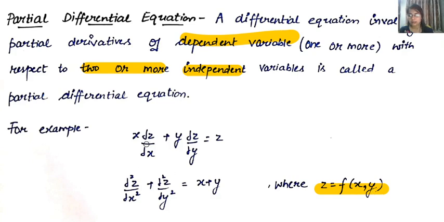Now this is a partial differential equation, as it contains one dependent variable and two independent variables. Independent variables must be 2 or more. There is no condition on the dependent variable. Again, in this example we have two independent variables, so this is also an example of a partial differential equation.